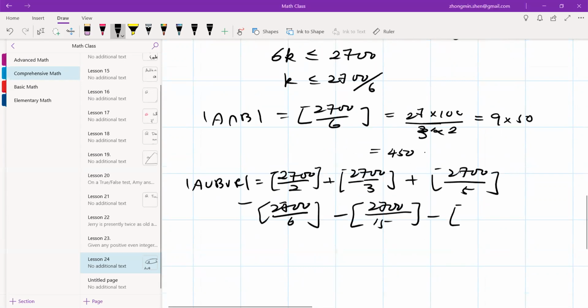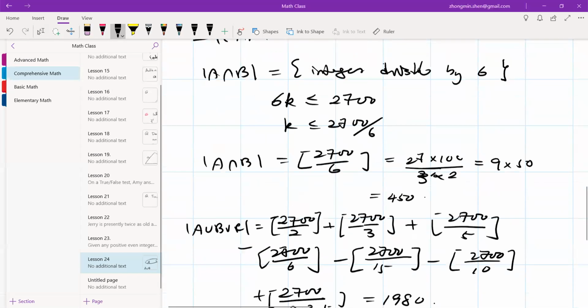Then AC, it's going to be 10. Okay? Then finally, the intersection of 3 sets. We have to multiply by 2 times 3 times 5. So after the calculation, you will get the answer which David already got. Okay? Okay, it's 1980.